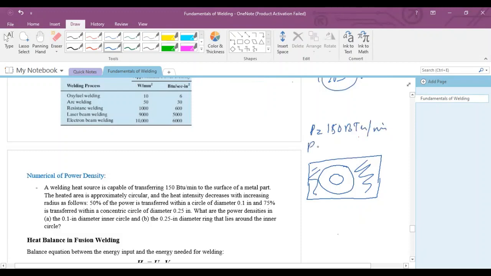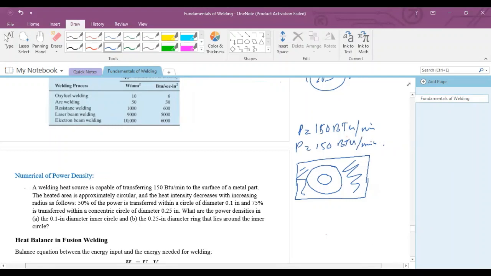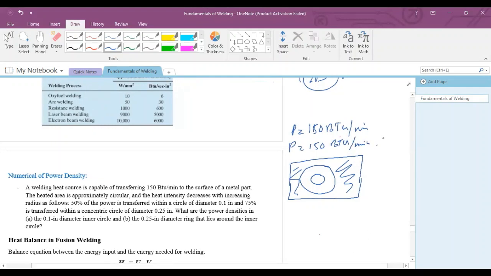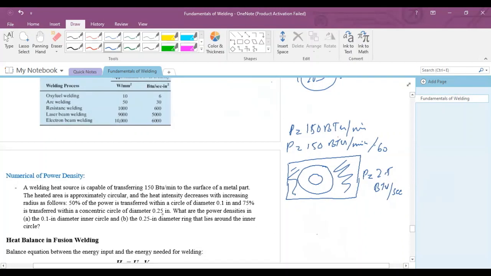We can convert it to seconds by dividing this 150 by 60, and we have power of 2.5 BTU per second. This is the power required to transfer to the surface of a metal.